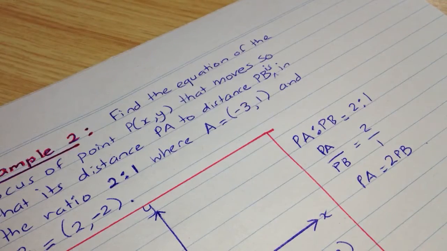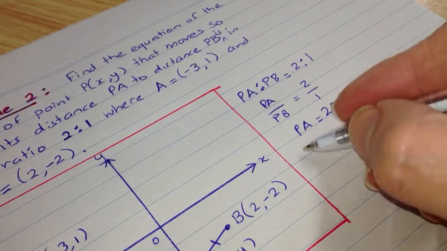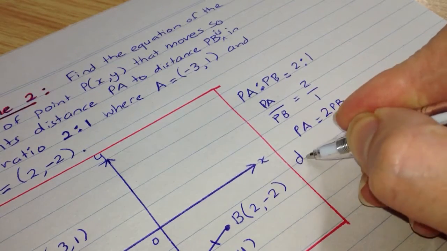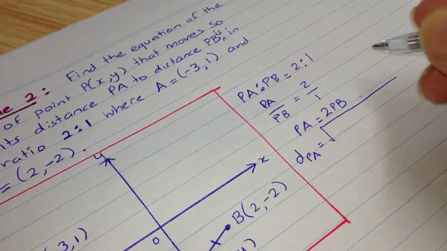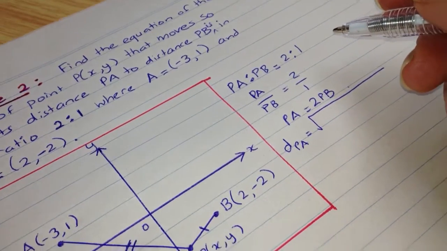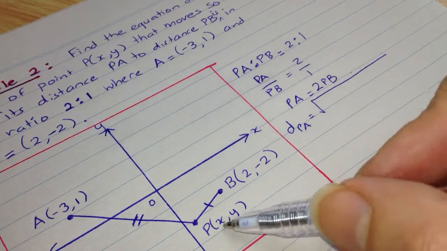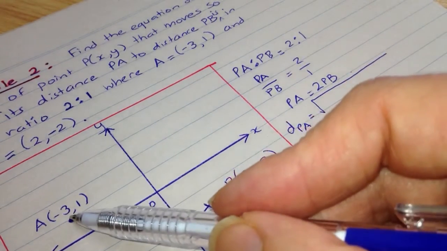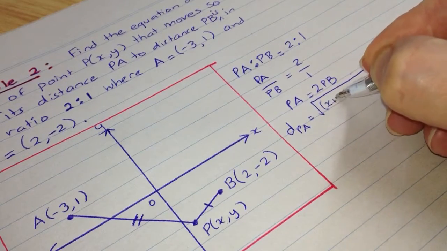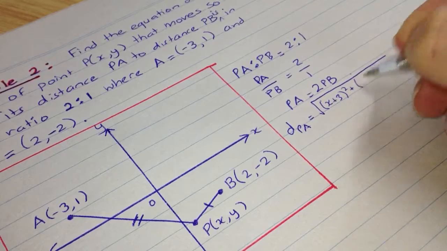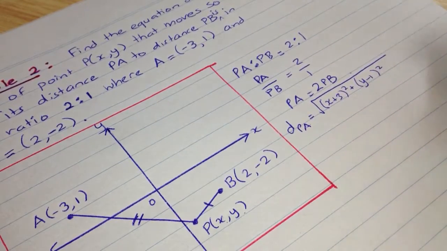All right, so now you can use the distance formula. You can find the distance PA, which is equal to the square root of, okay, and let's look at PA. The points P and A, there they are. So we can say x minus -3, which is x plus 3, all squared, plus y minus 1, all squared.